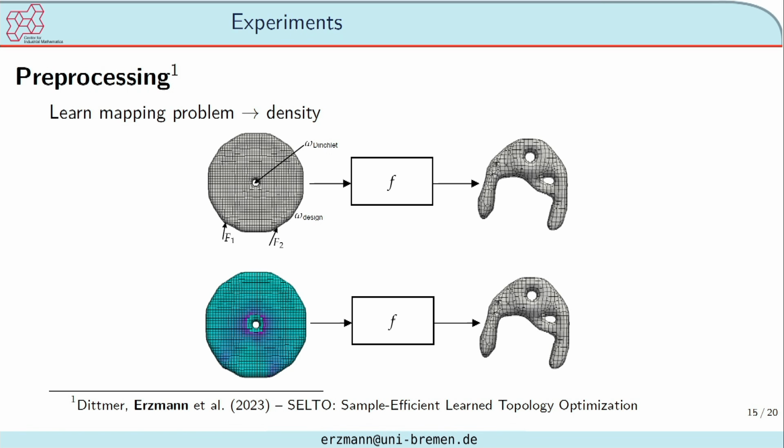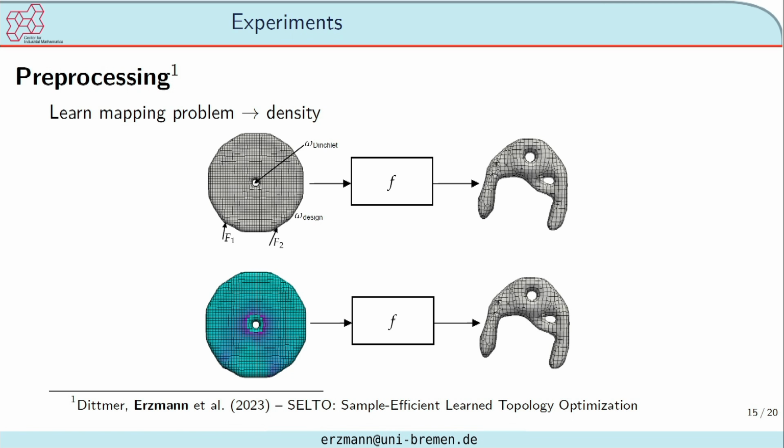Okay, there's time for another question. So thanks for the great talk. You already said that one downside of deep learning is that you have to collect a lot of data and pre-compute it with the classical method.